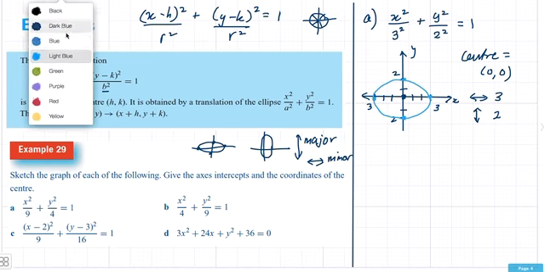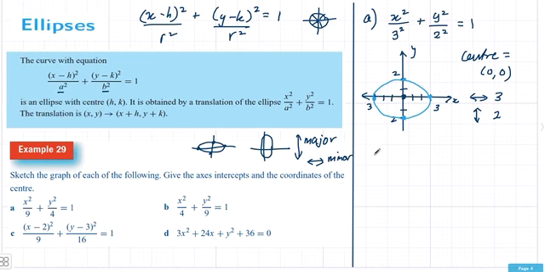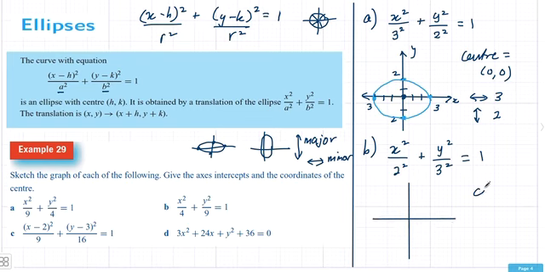Now we can see the one underneath, which is B, it actually is around the other way. So you've got the 2 squared underneath the x squared and the 3 squared underneath the y squared. So with this one, you're just going to have the same ellipse. The center is still in the same place, which is at 0, 0, because you've got no translation with the x and y.